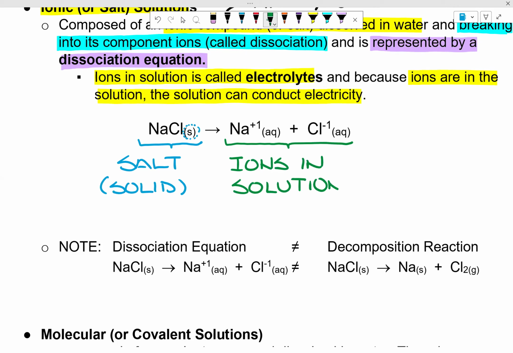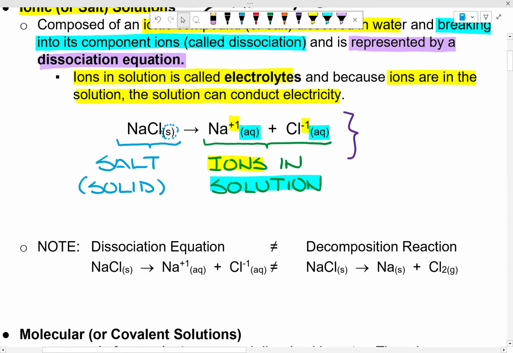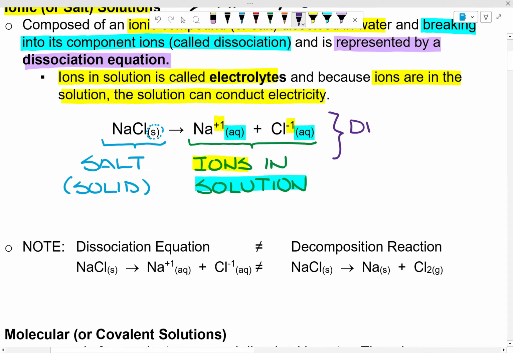How do I know that it is a solution? Because of the phase symbol aq. And notice I have my ions of +1 and -1. Now, this entire equation is called the dissociation equation. Hopefully you remember this from Chemistry 11.